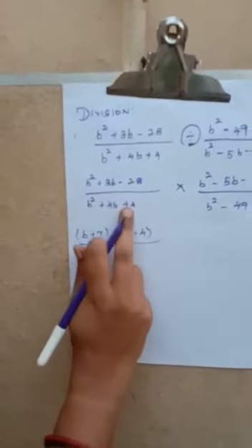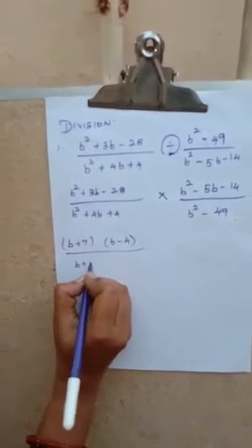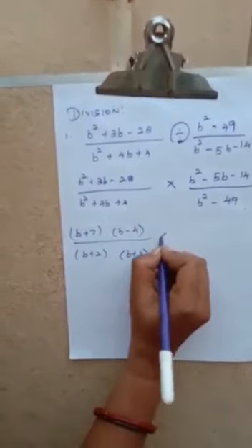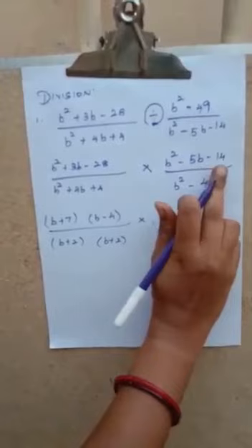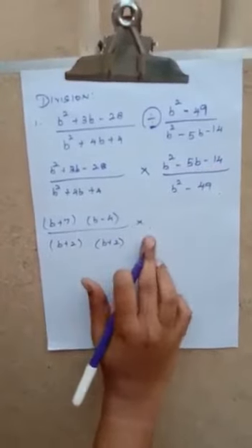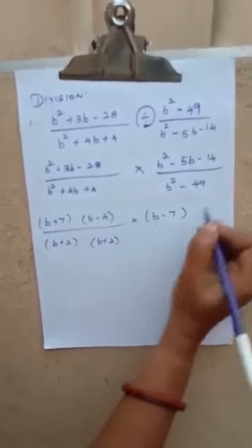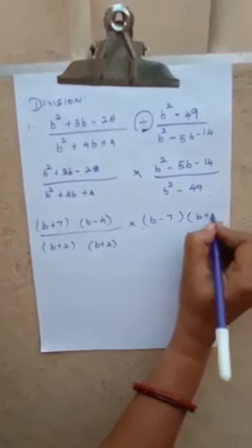What are the factors? b plus 2 into b plus 2. Now I am going to factorize b square minus 5b minus 14. What will be the factors? b minus 7 into b plus 2.